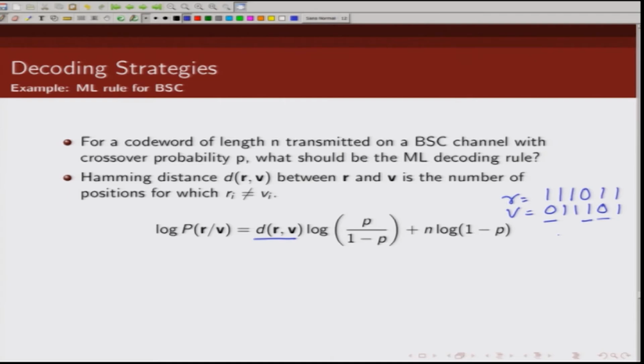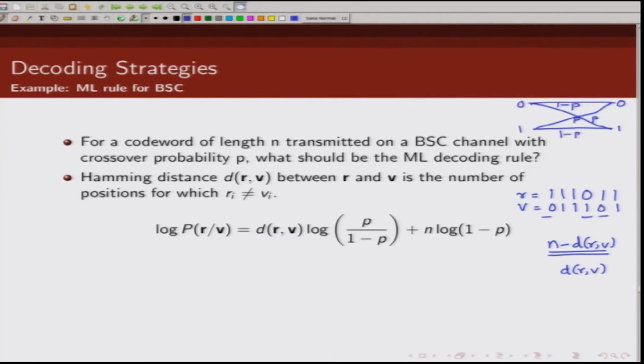So, the number of positions that got flipped as a result of sending this code word over the binary symmetric channel is denoted by d(R,V), and the remaining number of bits which did not get changed is n minus d(R,V).